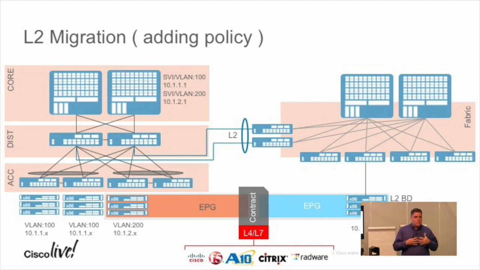Right? An EPG is just a policy domain. It's just specifying how these devices and these devices can talk. That is all that they're doing. Okay? But the cool thing about it is once you get to this, now we can start getting into inserting services in the path of those devices, if you wanted to.